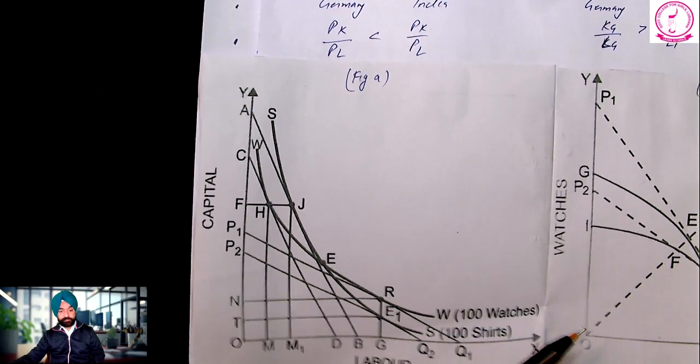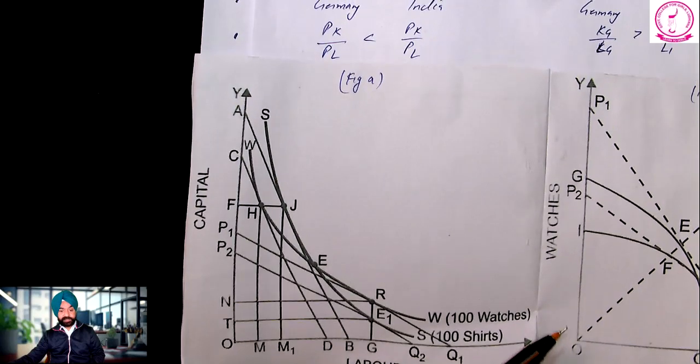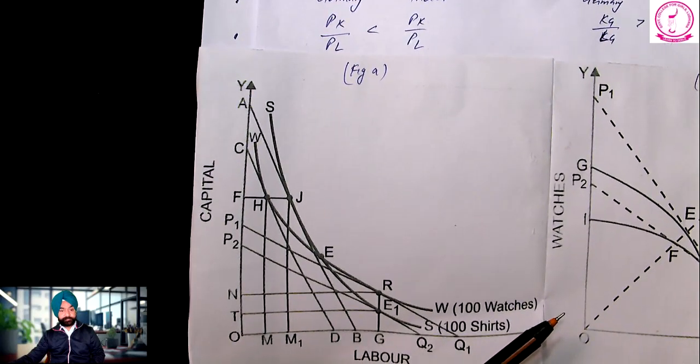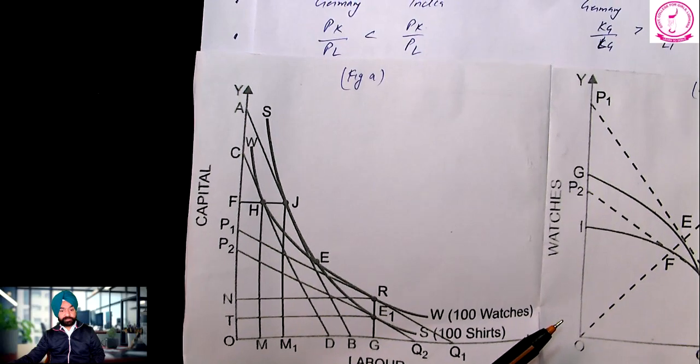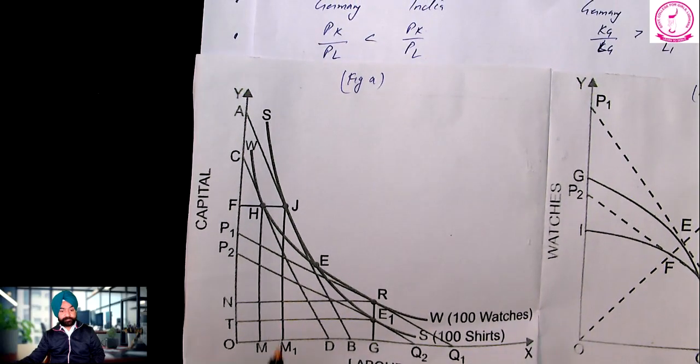Now you have to remember that Germany can't employ more labor. So at this point, OM1, more labor has been employed. But if they produce watches at point H, their labor will be less, OM, not OM1. So there is less labor and the same capital, OF capital. It means if they want to produce watches, they have a lesser cost of production.